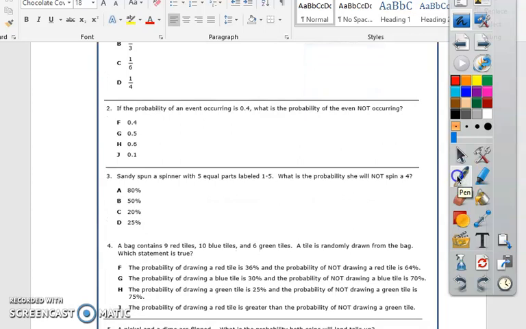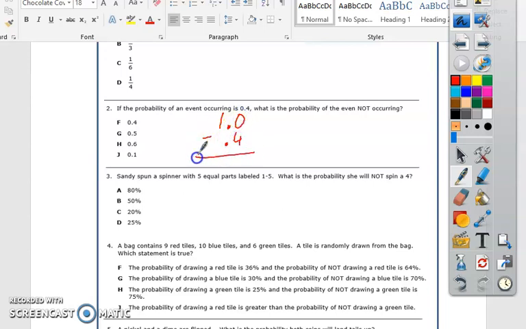Remember, our probability basically is 100%, one whole, the total. We have the chance of it occurring or not occurring. Together, they add up to one whole or 100%. So if the chance of the event happening is 0.4, then my goal is just to subtract it.